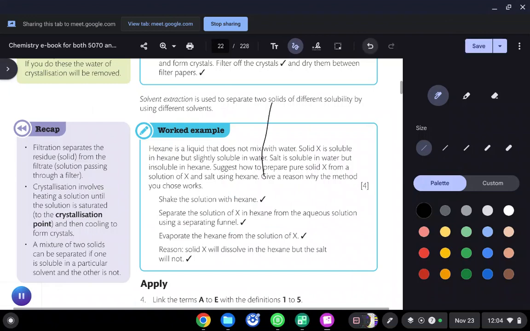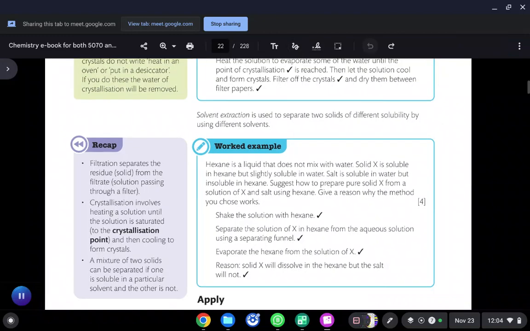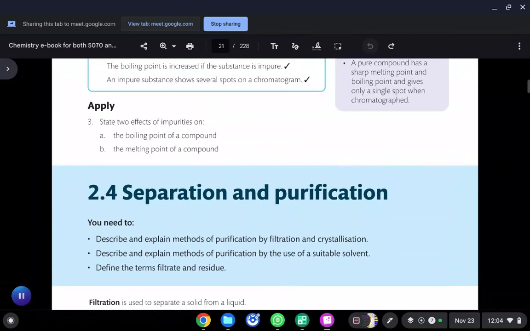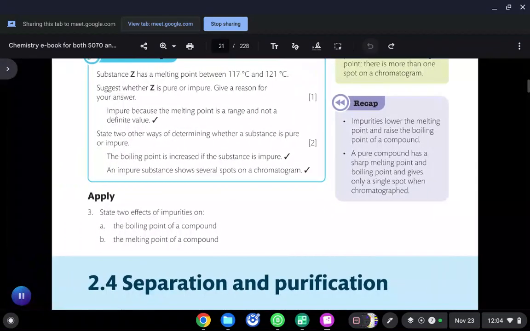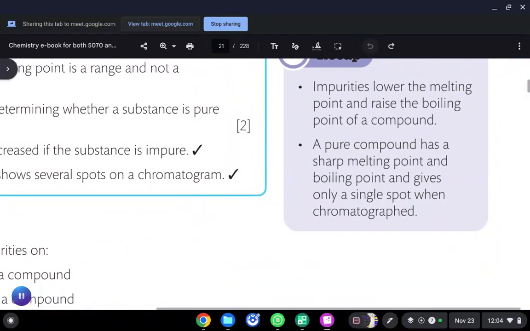Just giving you the recap of the last class: impurities lower the melting point and raise the boiling point of a compound. And a pure compound has a sharp melting point and boiling point and gives only a single spot when chromatographed in the chromatography.